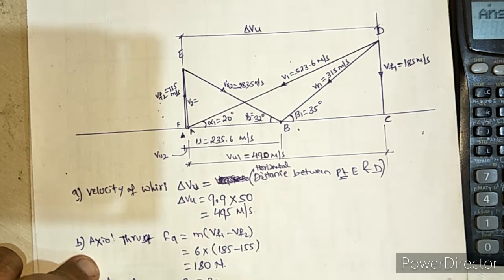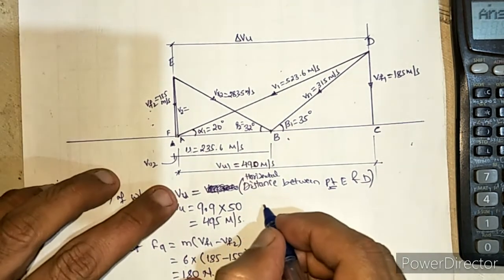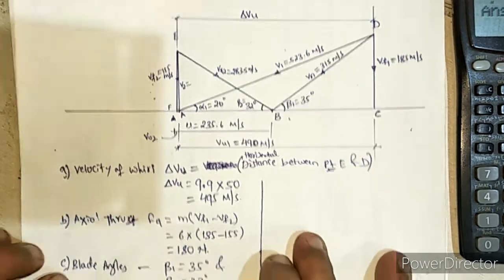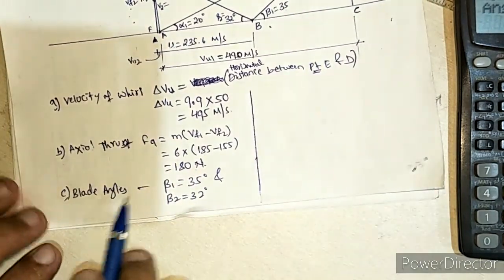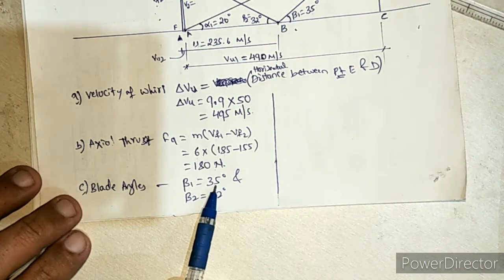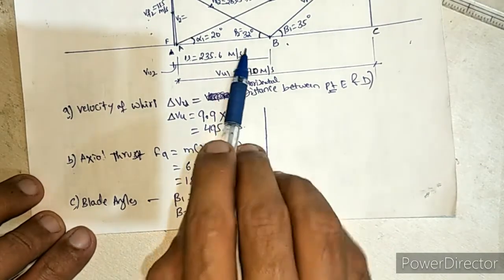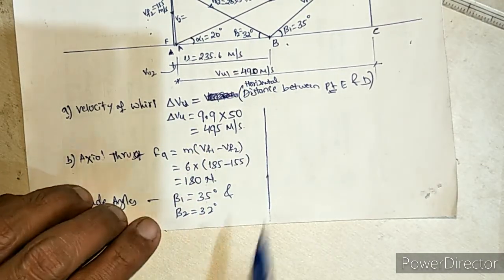So beta 1 is 35 degree and beta 2 is equal to 32 degree, right? So the fourth one is power developed.